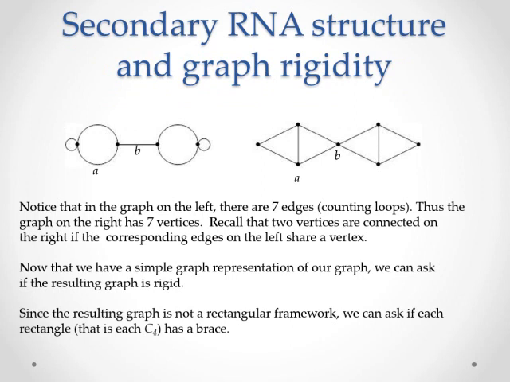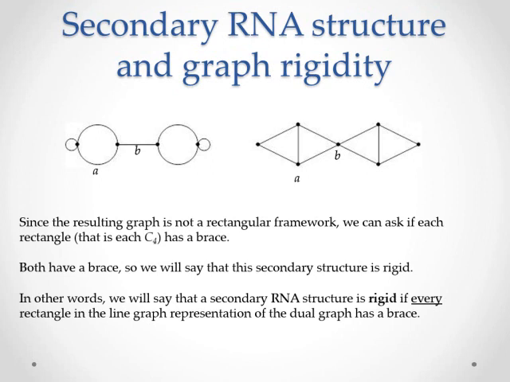Now, when we obtain the line graph of the dual graph, we don't necessarily obtain a rectangular framework. However, we do get C4s, or cycles of length 4. So we'll pose the question, do all the cycles of length 4 have a brace? We see in this example, they do.